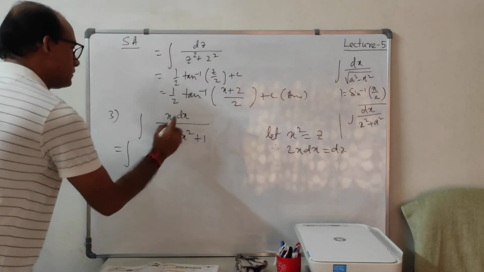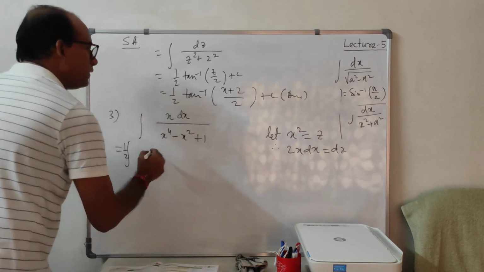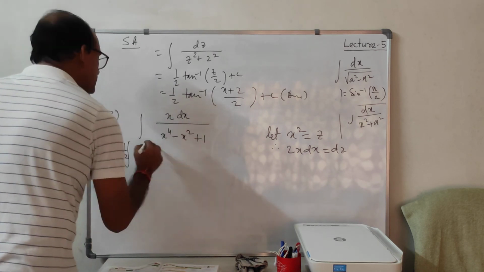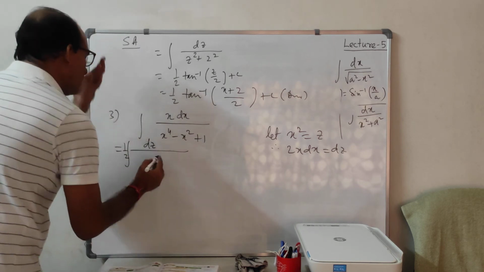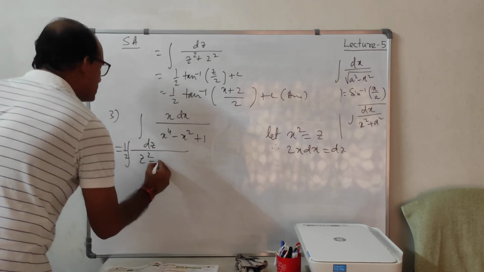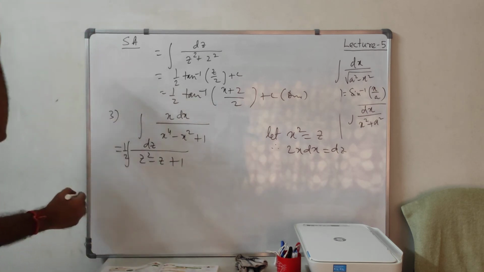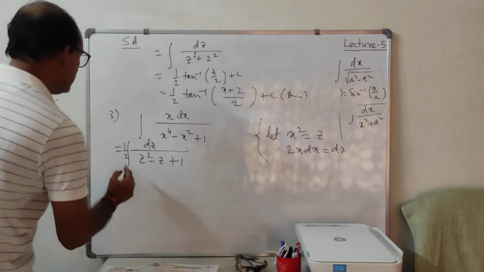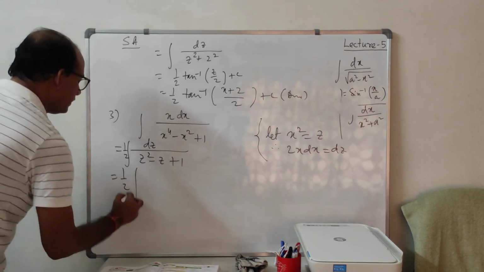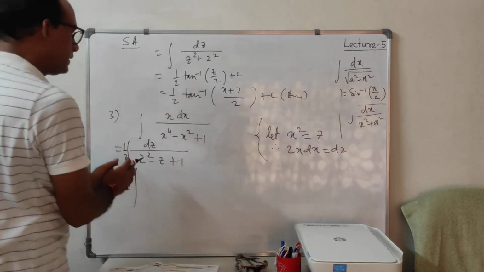Okay, so this is half of dz, x dx is dz by 2, and z^2 minus z plus 1. So half this will be better.